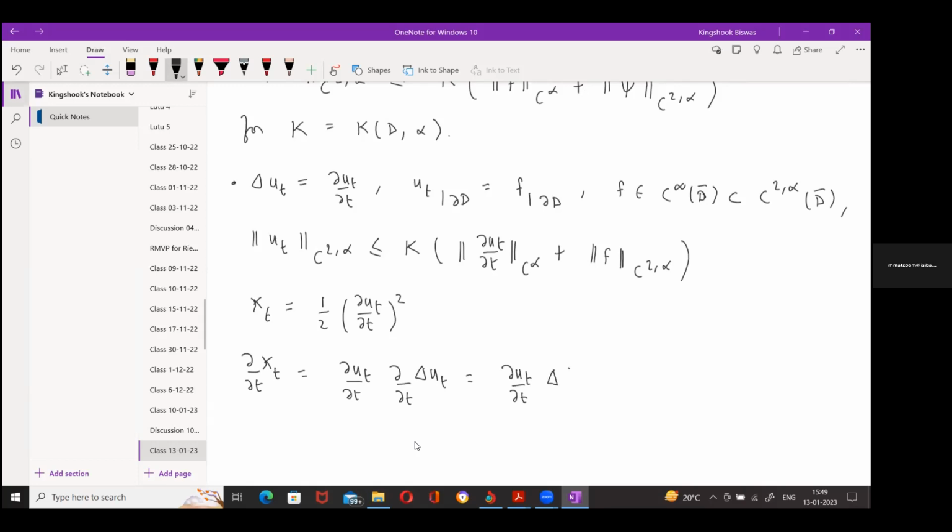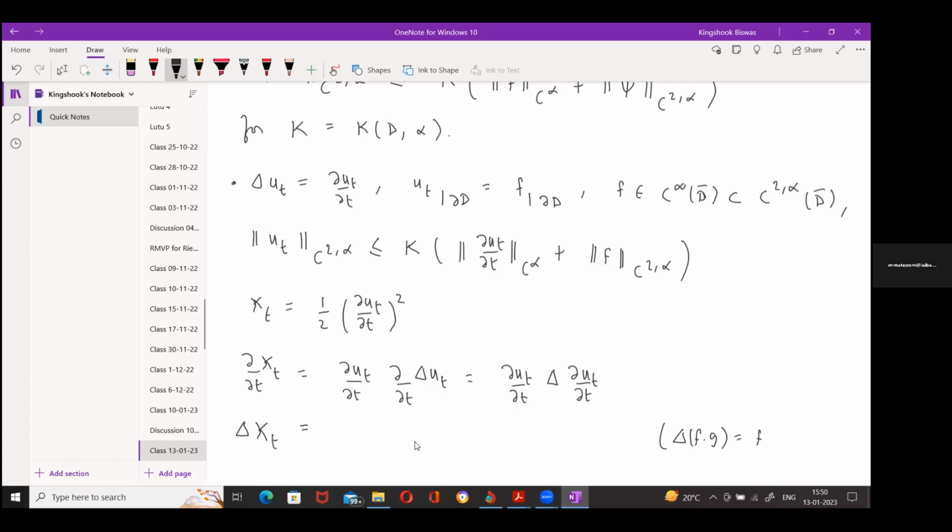This will be the Laplacian of del u_t del t, right? Okay, so this is del_t of kappa_t. And what is the Laplacian of kappa_t? Well, there's a formula for the Laplacian of a product, the Laplacian of f times g. You can work this out for the Euclidean Laplacian. This is very simple.